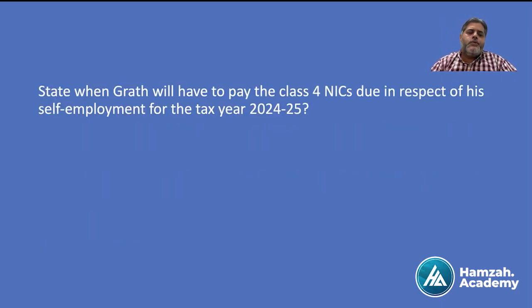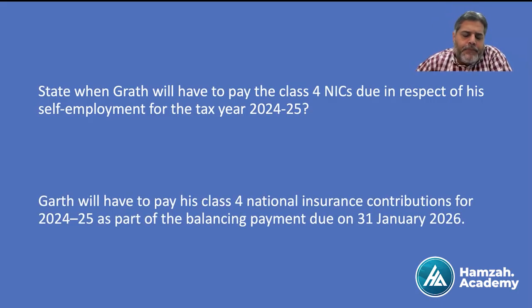Then the next requirement was to state when Garth will have to pay the class 4 NIC due in respect of his self-employment for the tax year 24-25. As far as his self-employment is concerned, Garth is going to pay his class 4 national insurance contribution as a part of a balancing payment due on 31st January 2026. When he does the balancing amounts, he will pay at that time.